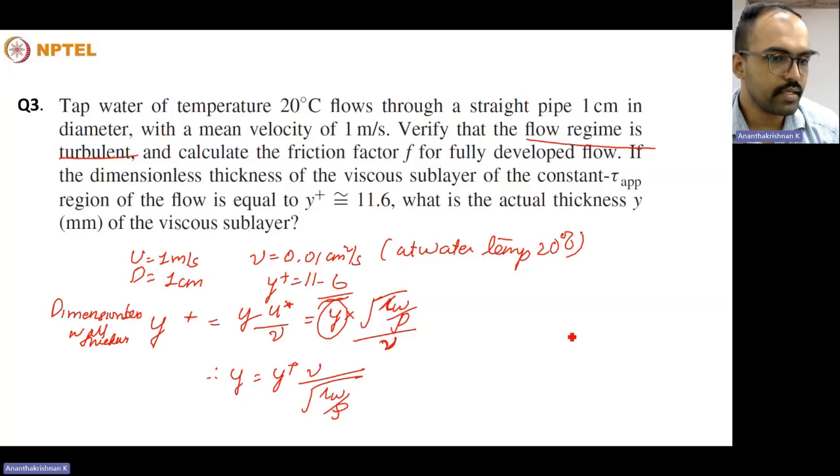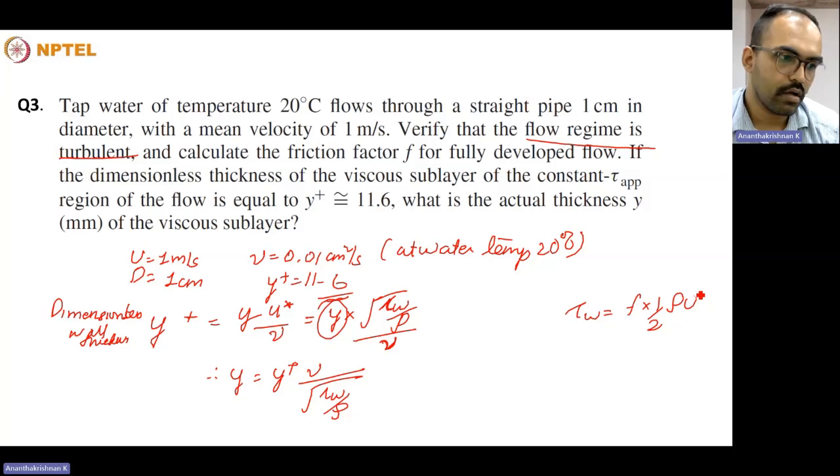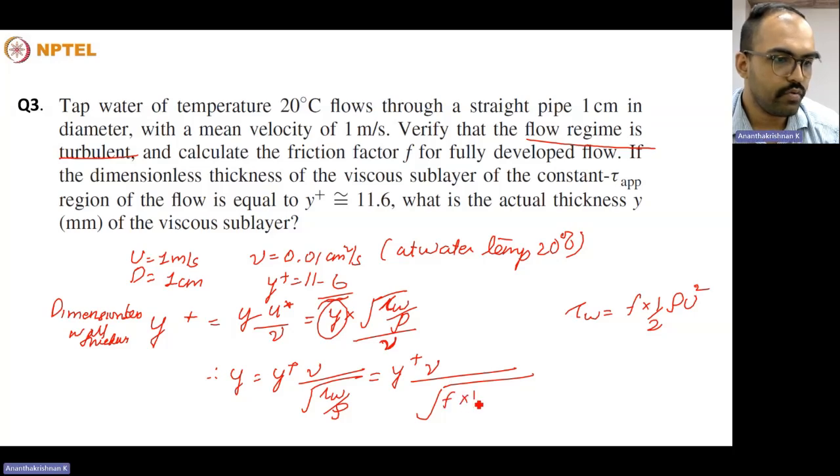So what we can write is the shear stress is equal to f times half rho U squared. Substituting the value, f times half rho U squared divided by rho, the rho cancels.